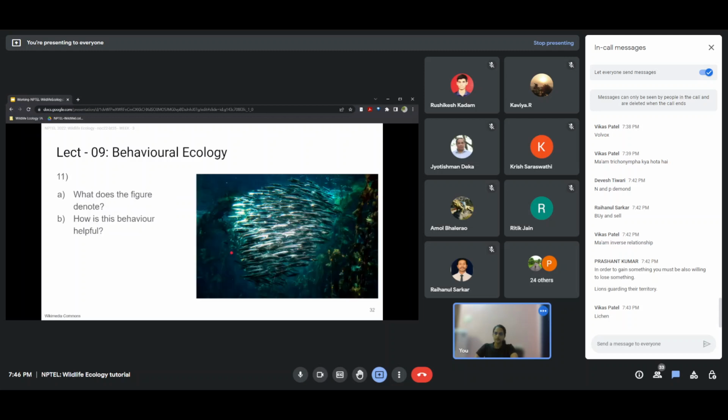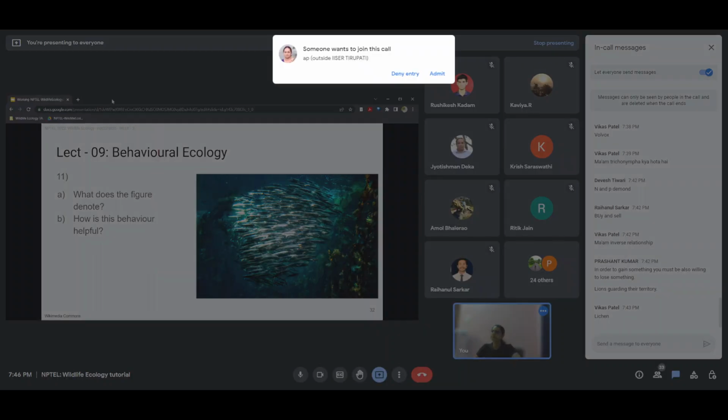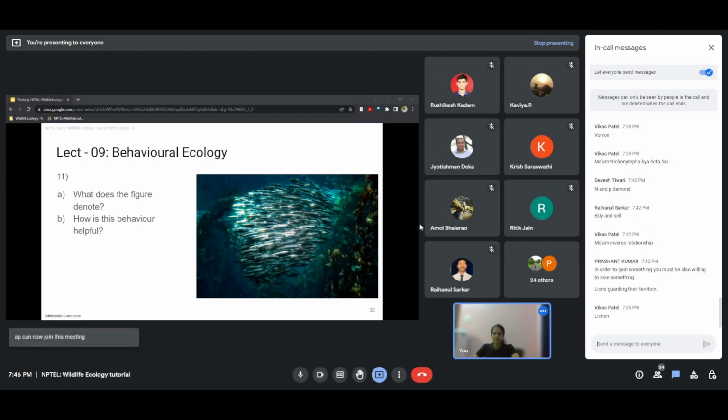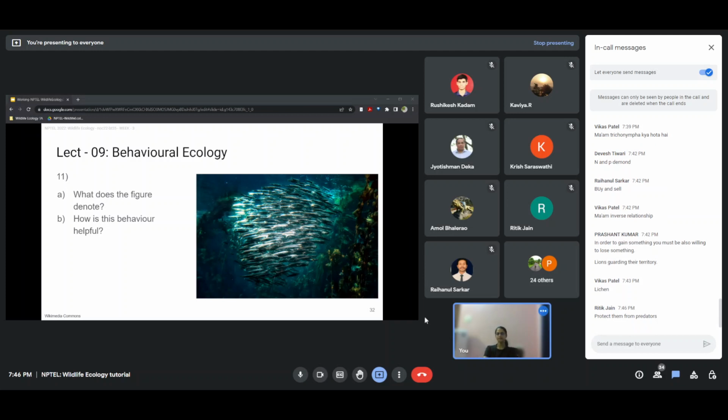All right. Next question. So what's happening out here? And how is this behavior helpful? Anyone has an idea of what this is called? So this is the sea, and these are fish. Any idea what is happening out here?